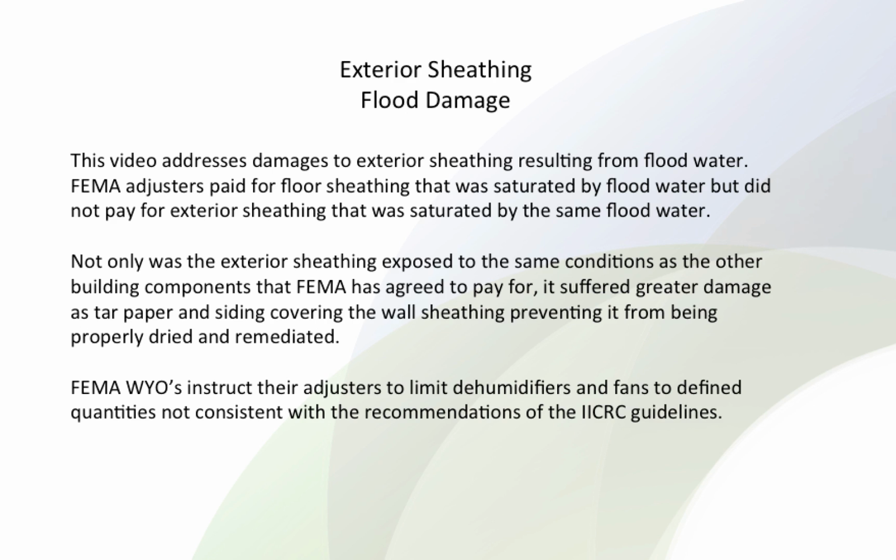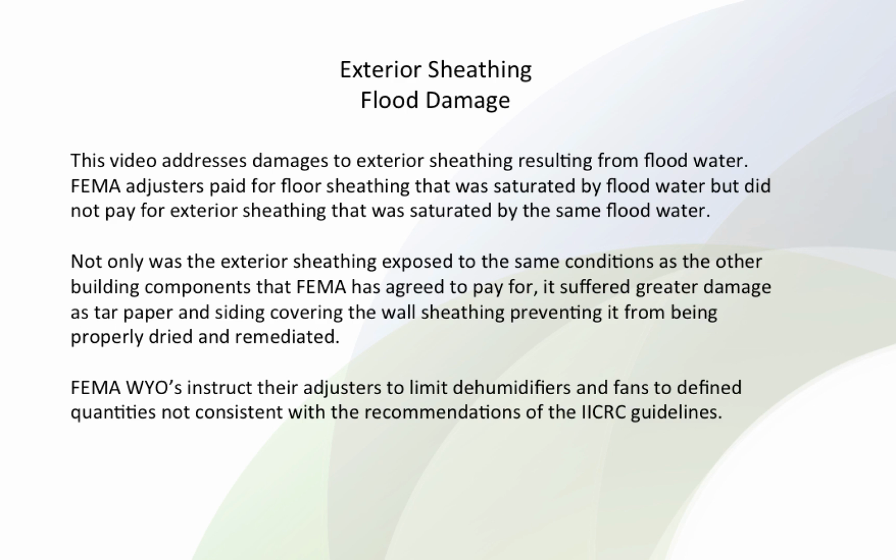The FEMA adjusters paid for floor sheathing that was saturated by floodwater, but did not pay for exterior sheathing that was saturated by the same floodwater. Not only was the exterior sheathing exposed to the same conditions as other building components that FEMA has agreed to pay for, the exterior sheathing suffered greater damage as tar paper and siding covering the wall sheathing prevented it from being properly dried.